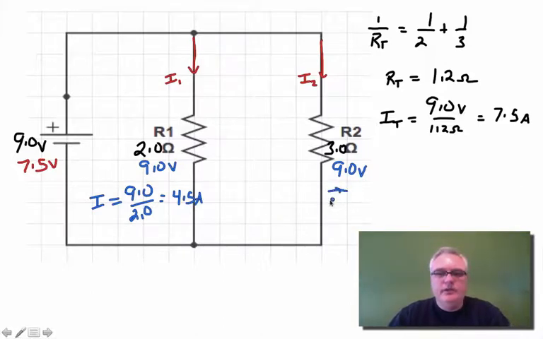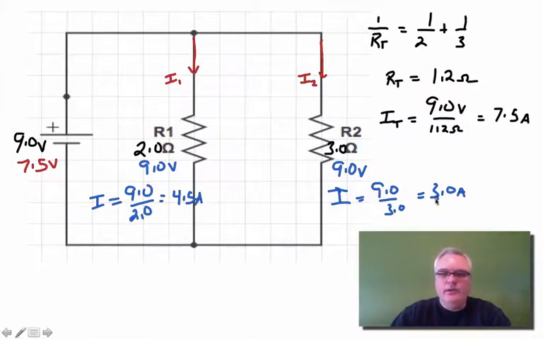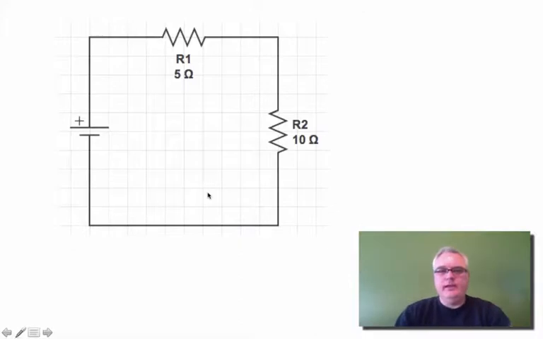And over on this side, I get 9 divided by 3. So I'm going to get 3 amps of current on this side. So I have 4.5 amps, 3 amps, and again the total adds up to be 7.5. Okay. Again, the key thing to remember, in a parallel path, two resistors connected in parallel have the same voltage. Okay? All right, let's try one more, slightly different.